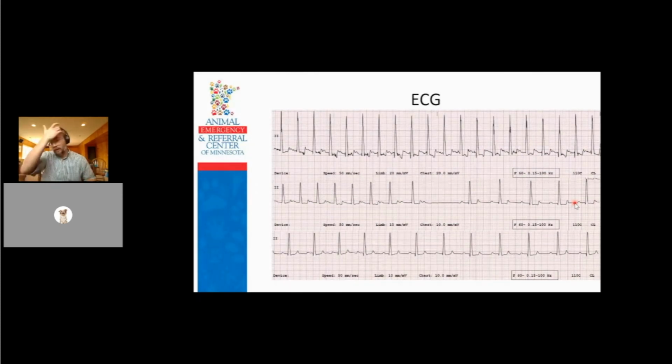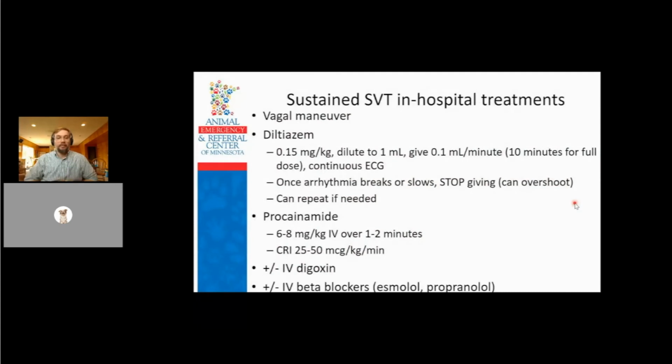It came in SVT. So treatments, vagal maneuver, again, in this case, it was therapeutic. It broke the arrhythmia. A lot of times they may go right back in. Injectable drugs in hospital, diltiazem. This is the dose here. The big thing about diltiazem is you want to give it slowly and stop as soon as the rhythm breaks or the heart rate slows to a normal range.